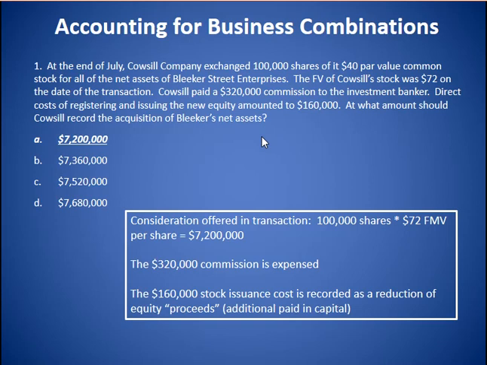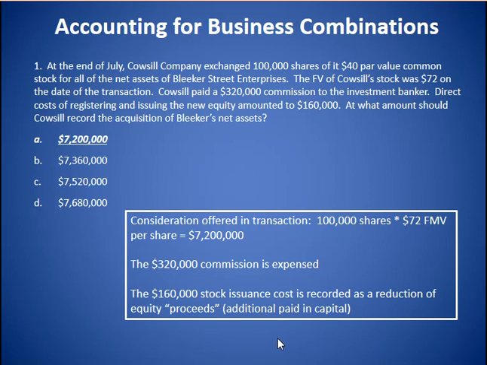Also, we issued additional equity, and that cost $160,000 in stock issuance cost. And again, if we remember from our previous slide, the $160,000 stock issue cost is recorded as a reduction of equity proceeds, in effect our additional paid-in capital. So that would be the answer to number 1.